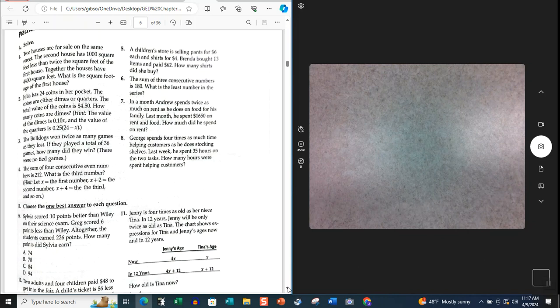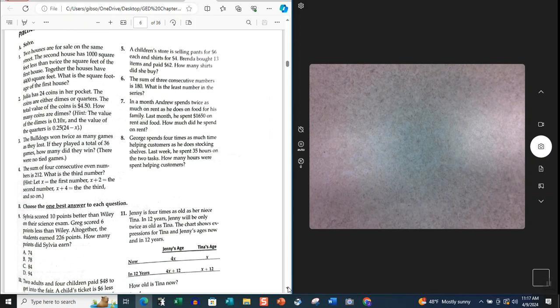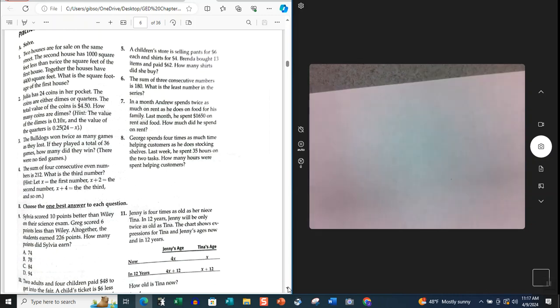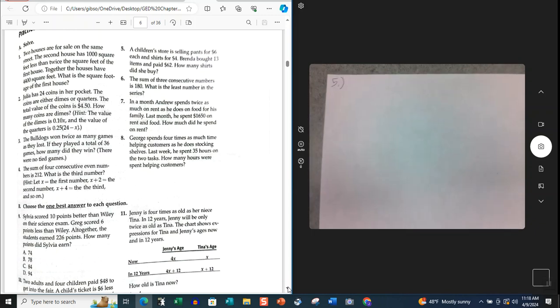It says a children's store is selling pants for $6 each and shirts for $4. Brenda bought 13 items and paid $62. How many shirts did she buy? Okay, so we could do this. So this is number 5. Let me see. Pants for $6 and shirts for $4.